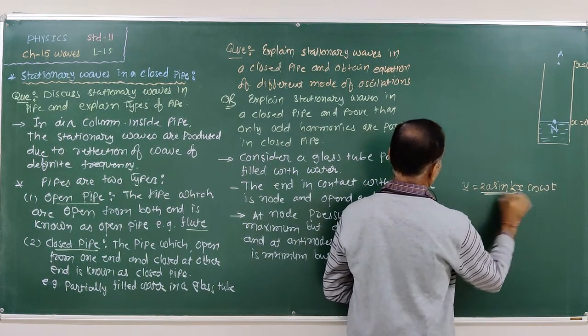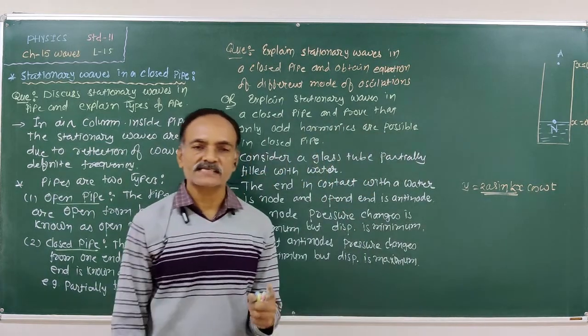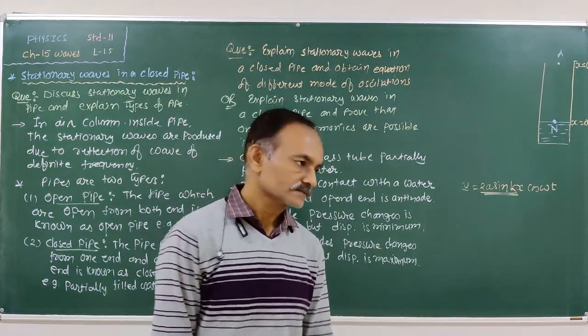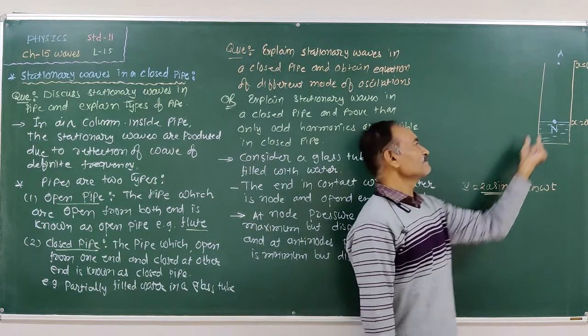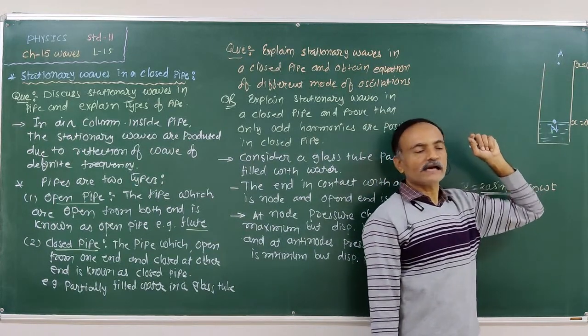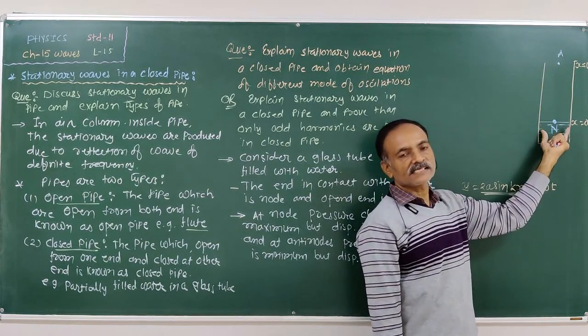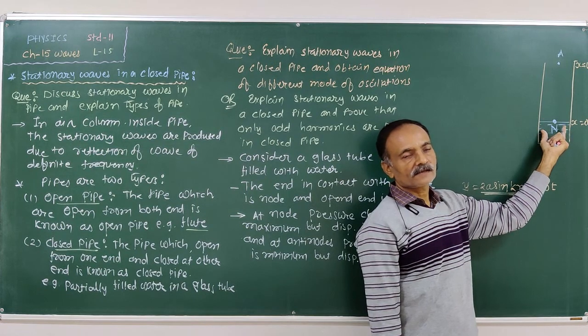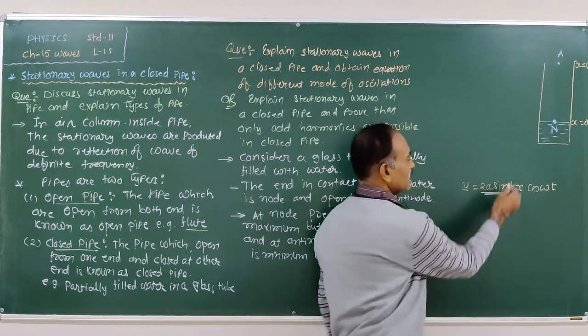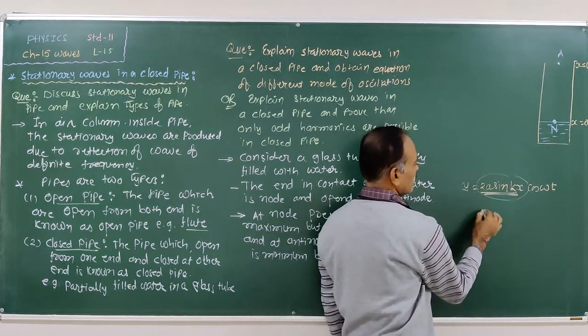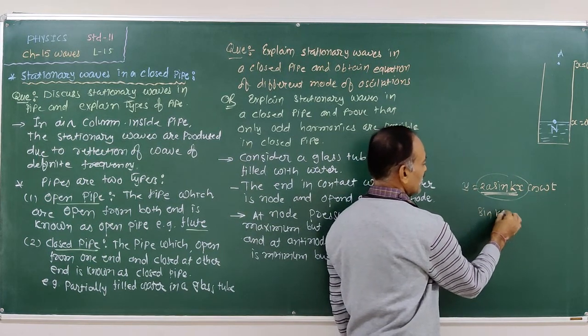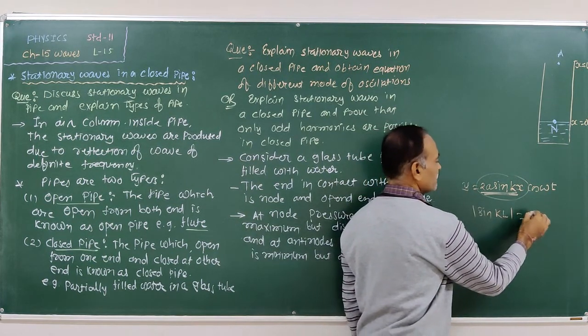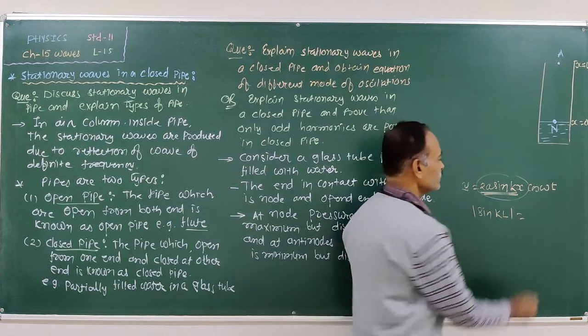This term represents the amplitude of a stationary wave. So this amplitude is maximum at the open point and minimum at this closed point. Therefore, at the open point, the amplitude becomes maximum if and only if sin kL is the maximum value, that means 1.